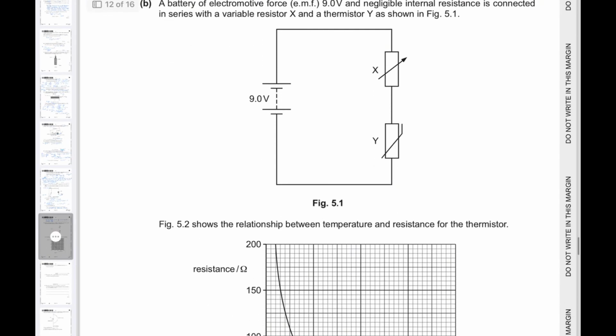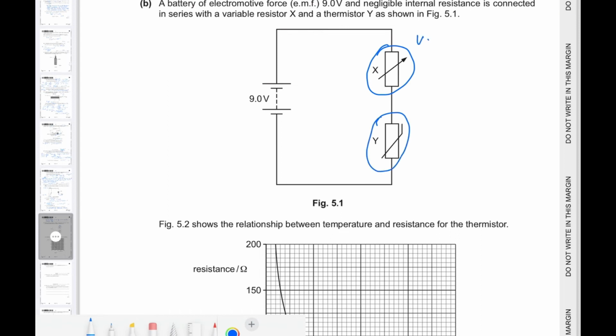A battery of electromotive force 9 volt and negligible internal resistance is connected in series with a variable resistor X and thermistor Y as shown in figure 5.1. So here's your variable resistor and the thermistor.